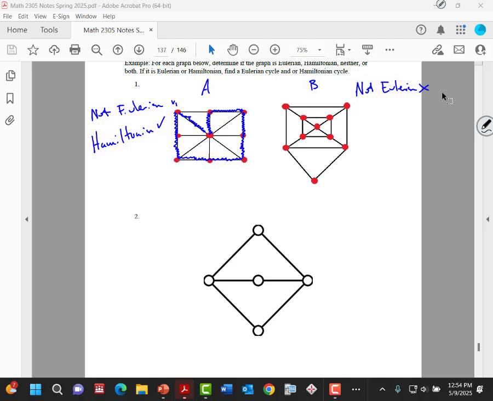Let's check. Let's come here. There we have it. So there is a Hamiltonian cycle in this graph.